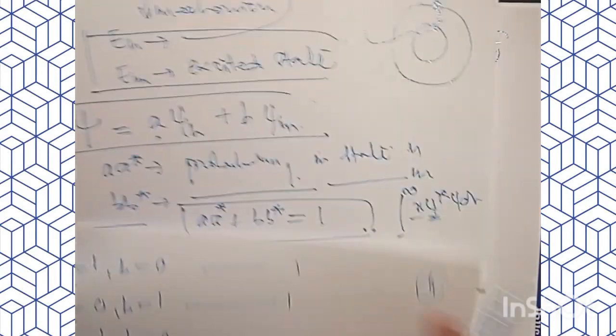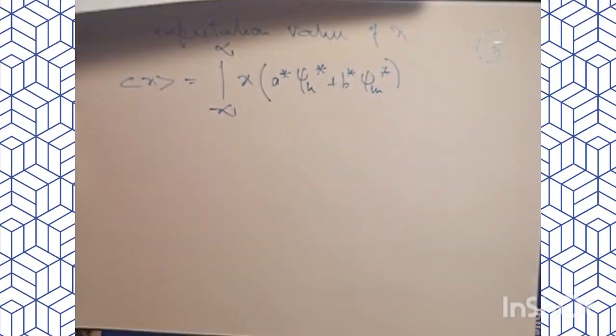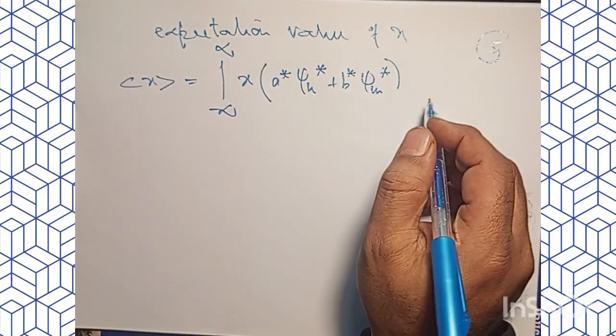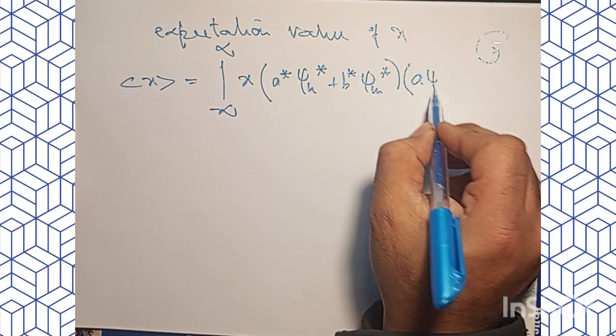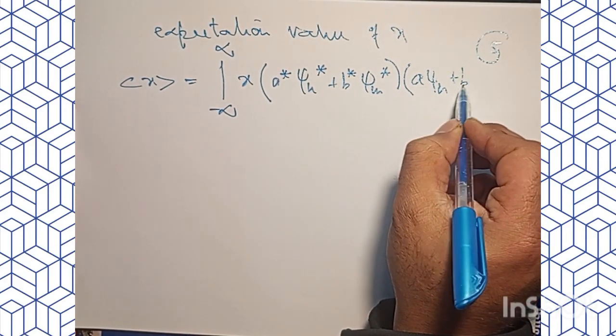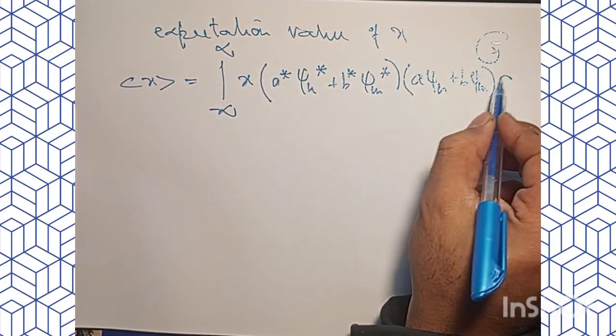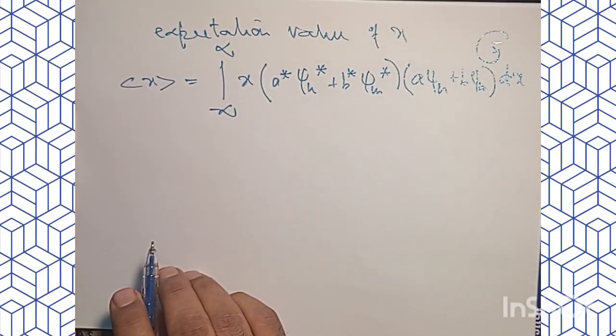Then I have to multiply this with a psi n plus b psi m, and this is dx.